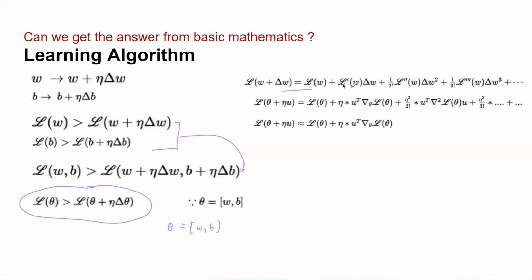We will be using this Taylor series to expand the value of the loss, which is parameterized by theta and delta theta. You can take this as a standard result.